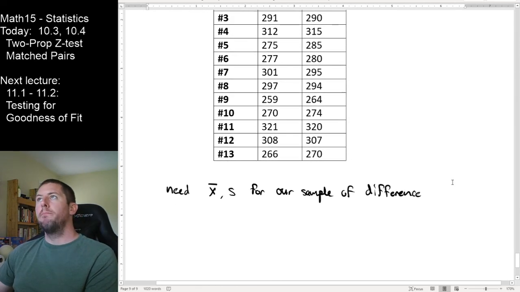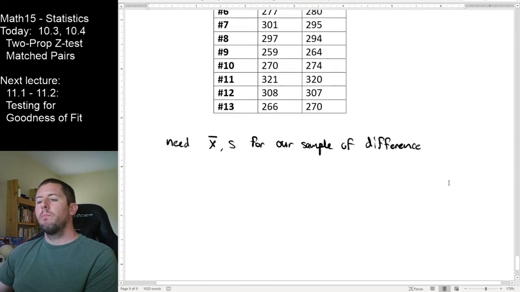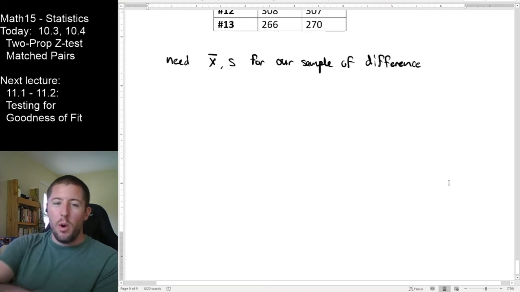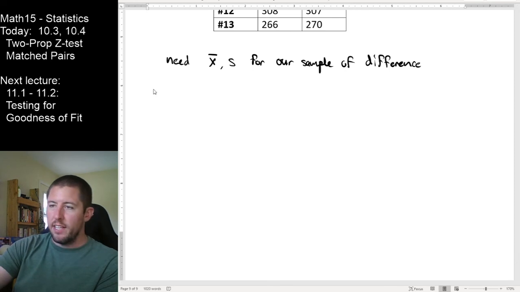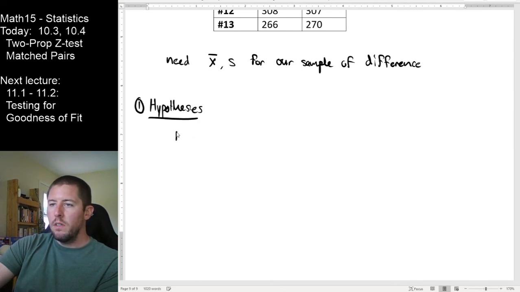So I feel like I don't want to get too out of order right here. I'm at least going to do my hypotheses first, then we'll do our calculations in the order that we should be. So I'm going to say first my hypotheses. And here, our null hypothesis is that the average difference is 0.